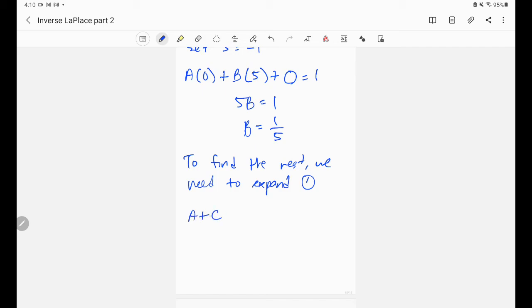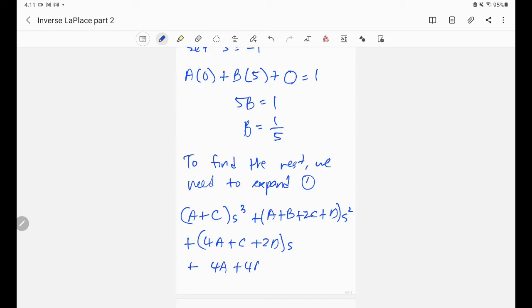So (A plus C) s cubed, plus (A plus B plus 2C plus D) s squared, then we get (4A plus C plus 2D) s, and we have plus 4A plus 4B plus D is equal to 1.